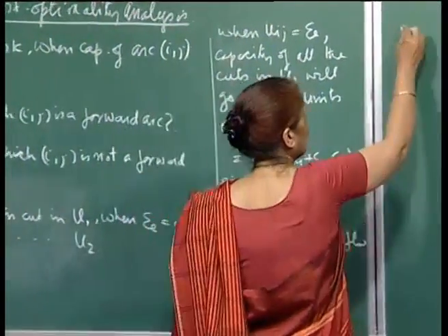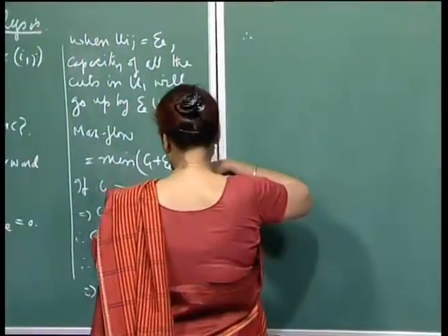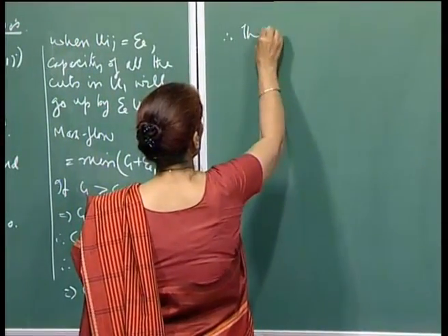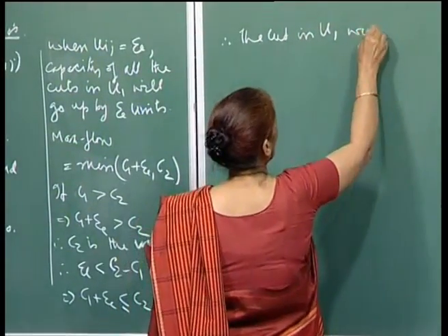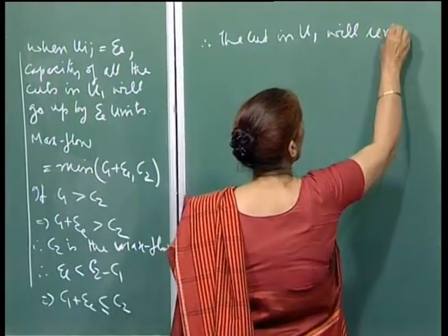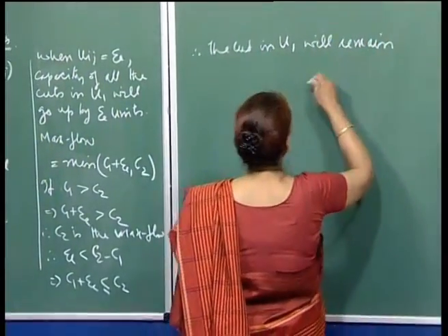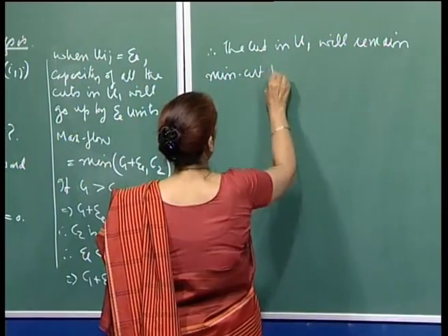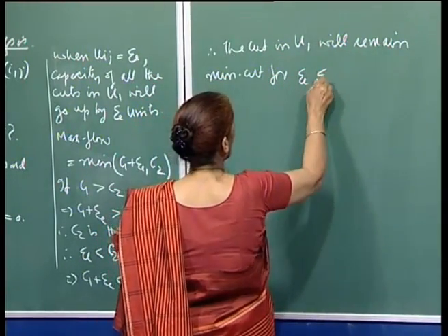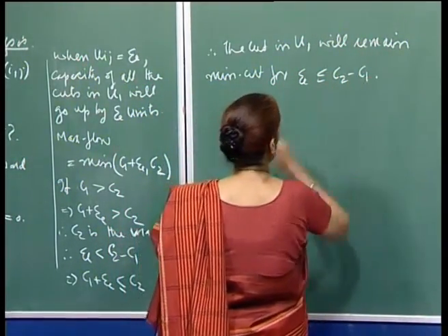Therefore, the cut in U1 will remain a min cut for psi greater than or equal to C2 minus C1.